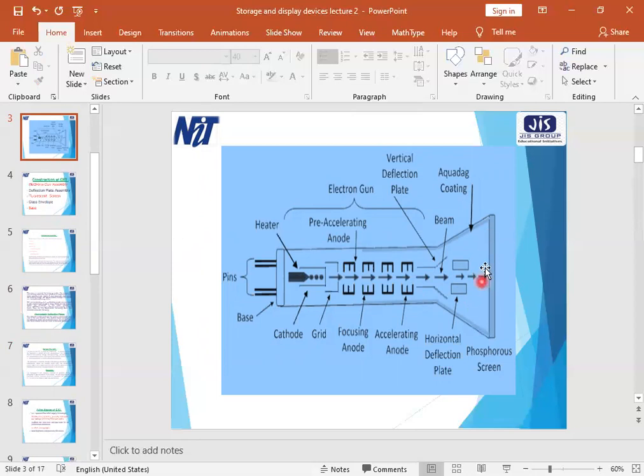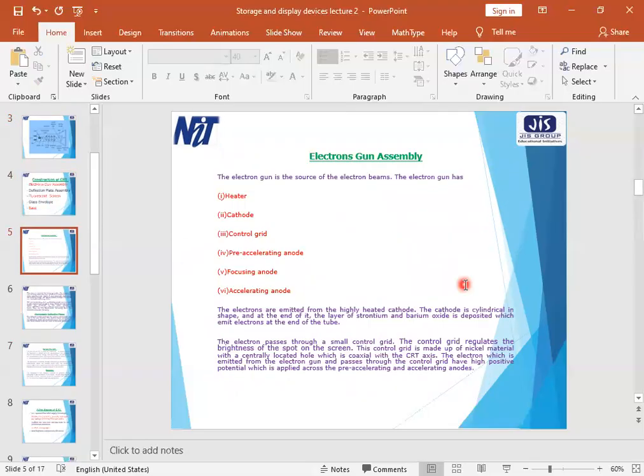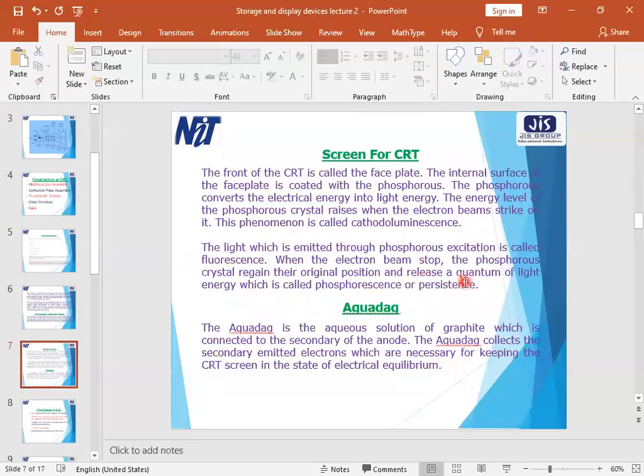This visual effect is called cathodoluminescence. Luminescence means something is displayed in front of us. So cathodoluminescence, this is a very, very important term. The light which is emitted through phosphorus excitation is called fluorescence.